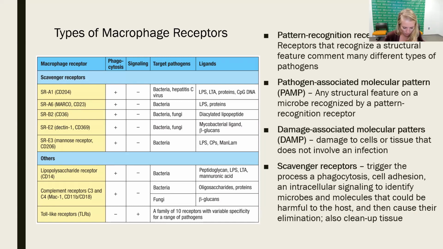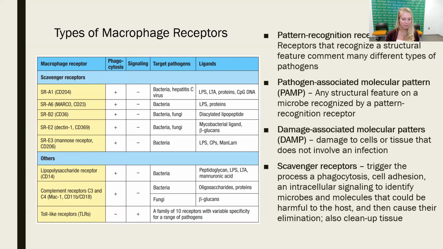But in all, these receptors are going to be very good at recognizing things that are different than self, or different than human, actually. And so they're going to recognize patterns that are unique to microbes. And so we call them pattern recognition receptors, or PRRs.